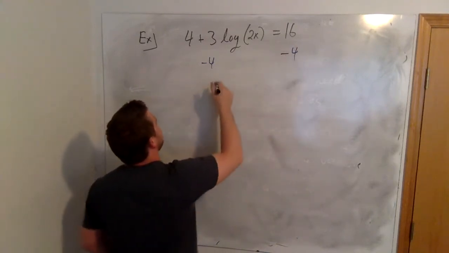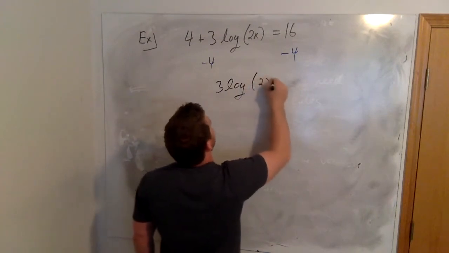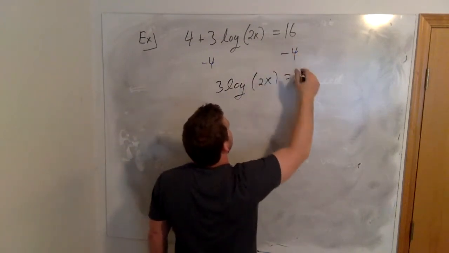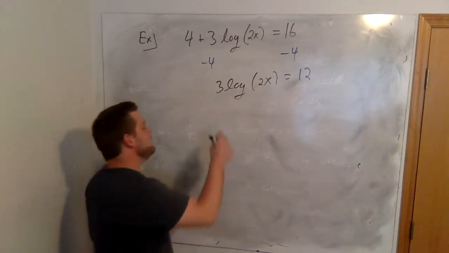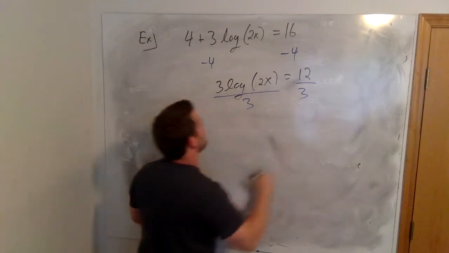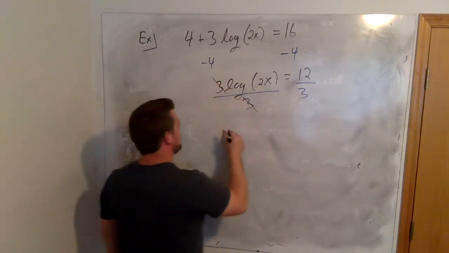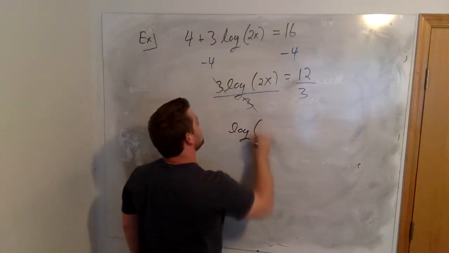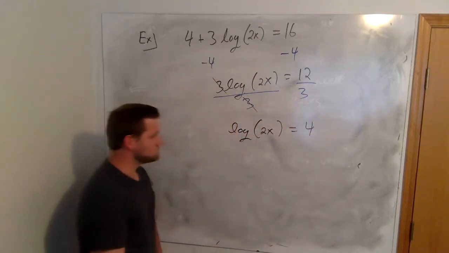Here we'll get that 3 times the log of 2x will be equal to 16 minus 4, which is 12. From here, we could divide both sides by 3, so these 3's will cancel. We'll get that log of 2x is equal to 4.